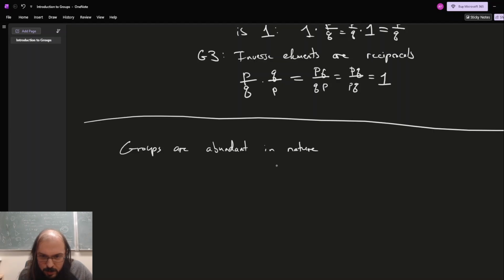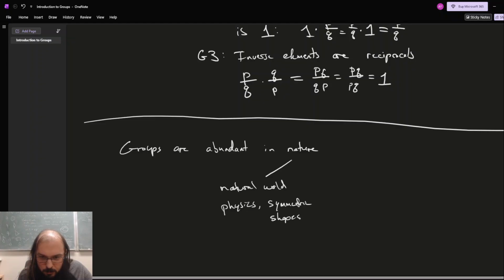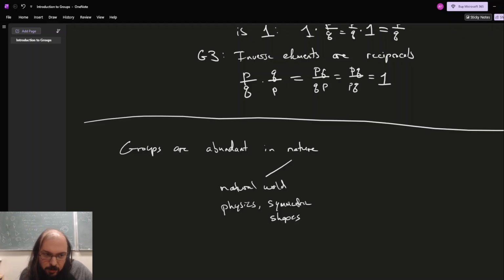And by this, I could mean two different things. I mean nature in the sense of the natural world. Physics, symmetric shapes, honeycomb patterns and so on. It might not be clear to what extent that is what it even means to be a group right now. That's okay. But the other place is in mathematical nature.